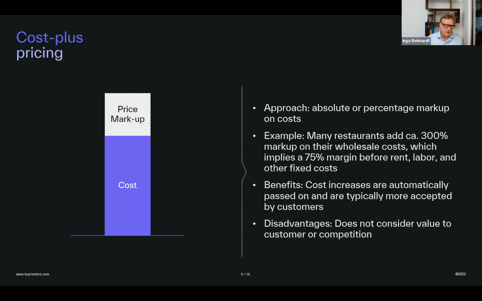So it doesn't really consider what's going into it, and it also doesn't consider what customers of the restaurant are actually willing to pay for a meal. So clear disadvantage, and of course, if you're in a competitive environment, it also ignores competitor pricing. So very, very simple. I think it's a good starting point, but it ignores a lot of the stuff that's really important in pricing.